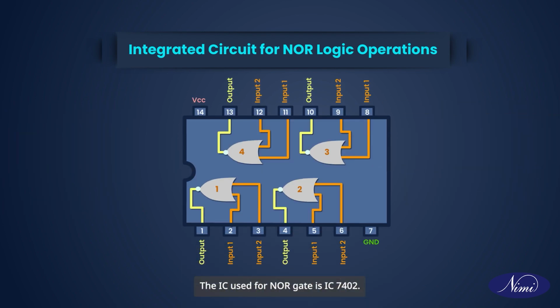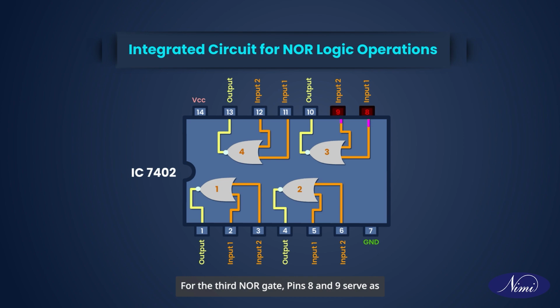The IC used for NOR gate is IC7402. The IC7402 is a quad 2-input NOR gate chip, meaning it contains 4 independent NOR gates. It comes in a standard 14-pin package. Pins 2 and 3 are the inputs for the first NOR gate, and pin 1 is its output. The second NOR gate utilizes pins 5 and 6 as inputs, with pin 4 as the output.